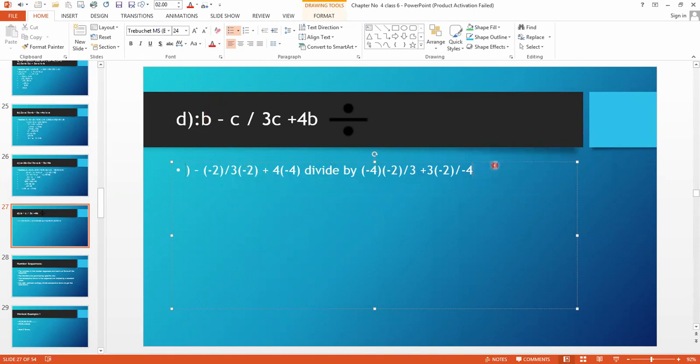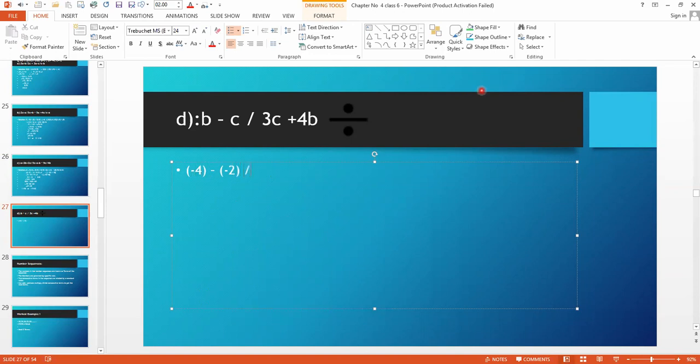Okay, now we come to part D, that is B minus C. So I have to write the value of B here in a bracket, and the value of B is equal to minus 4. So minus 4 minus C, and the value of C is minus 2 in question number 7 of exercise 4B.